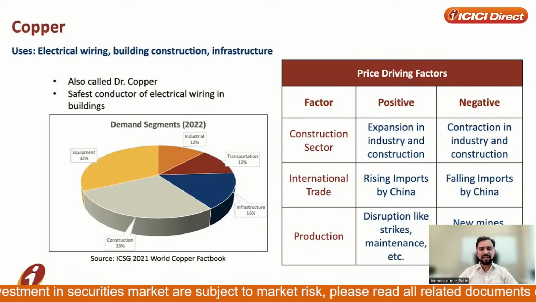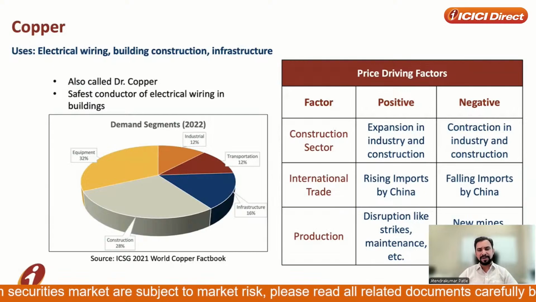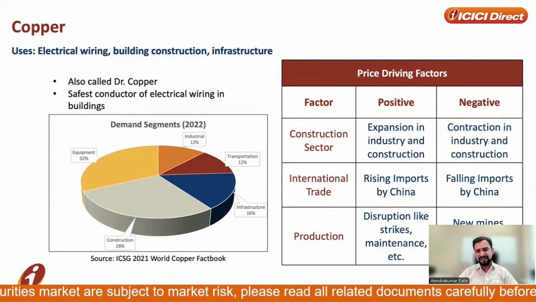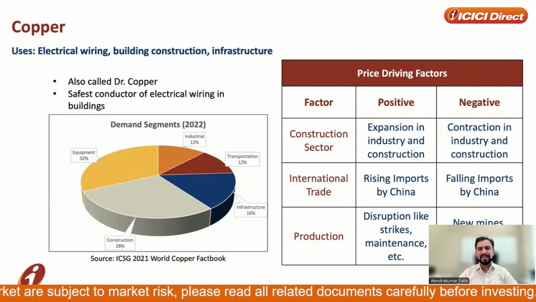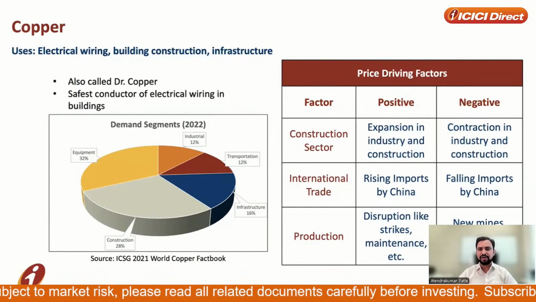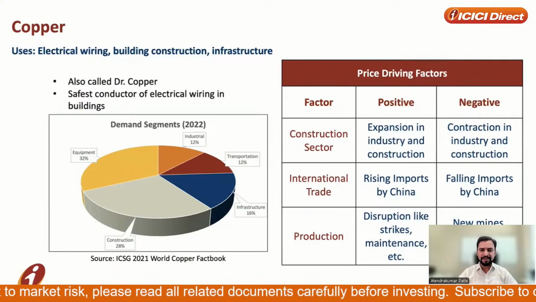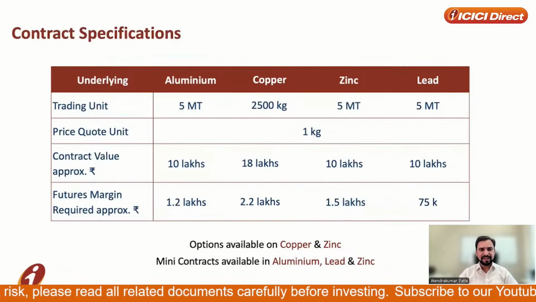Similarly, in case there is a production disruption or any production constraint and supply is restricted, then the prices will go higher. And if there is heavy production or overproduction, the prices will go down. Now, what are the commodities available in the base metal segment?